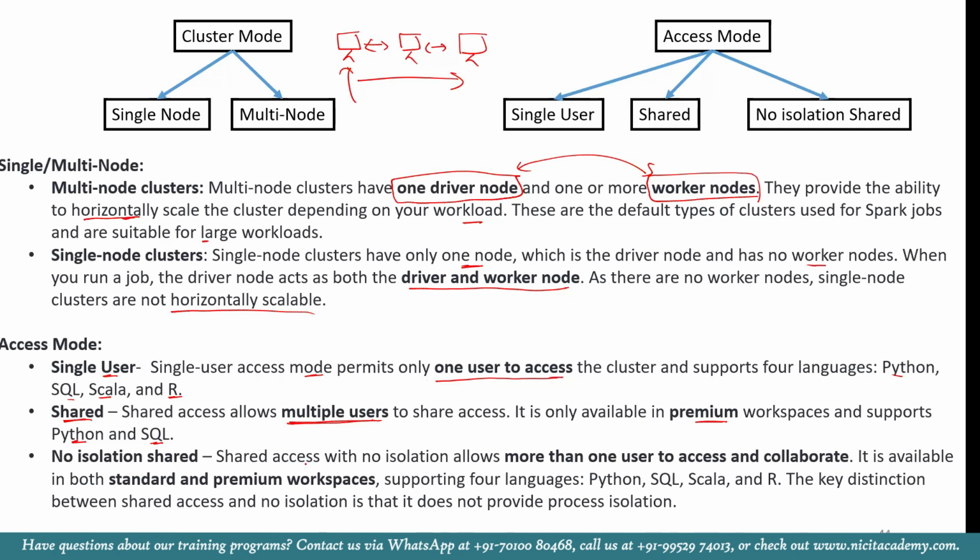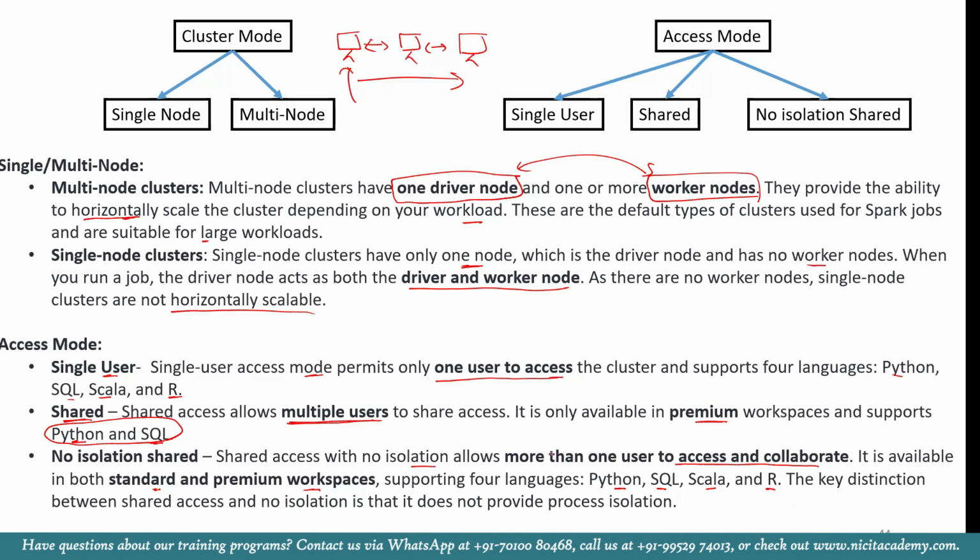No isolation shared: shared access with no isolation allows more than one user to access and collaborate. This is a little bit more advanced. Multiple users can work together on the same notebook. It is available in both standard and premium workspaces, supporting four languages: Python, SQL, Scala, and R. Here, if you see, shared mode supports Python and SQL only, so these are limitations you have to keep in mind.